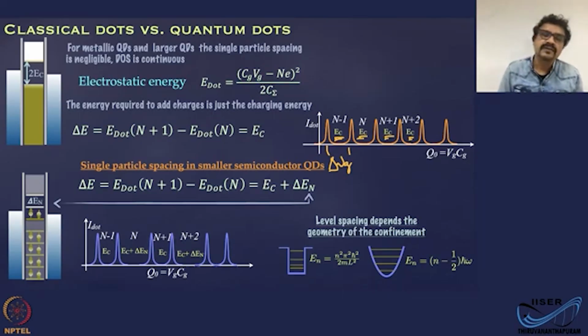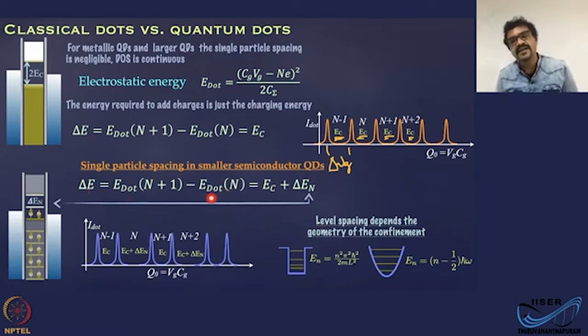Now let us consider that these levels are not really continuous, those are discrete. And that is the case when you have small semiconductor quantum dots. So the addition energy is not just the difference in the electrostatic energy, but you also have these single particle states, delta En, coming into the picture.